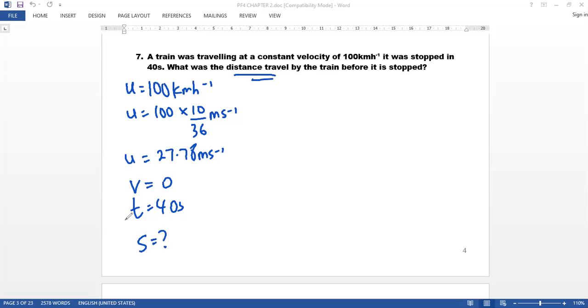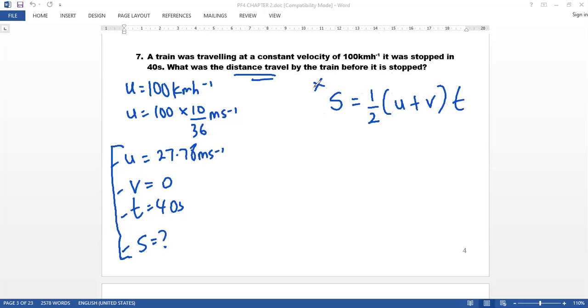So it is actually TVUS. When you say TVUS, your formula will be S equals to half U plus V times T. The formulas are given earlier, so you have to adapt yourself to understand if this is the information given, this is the formula to be used.